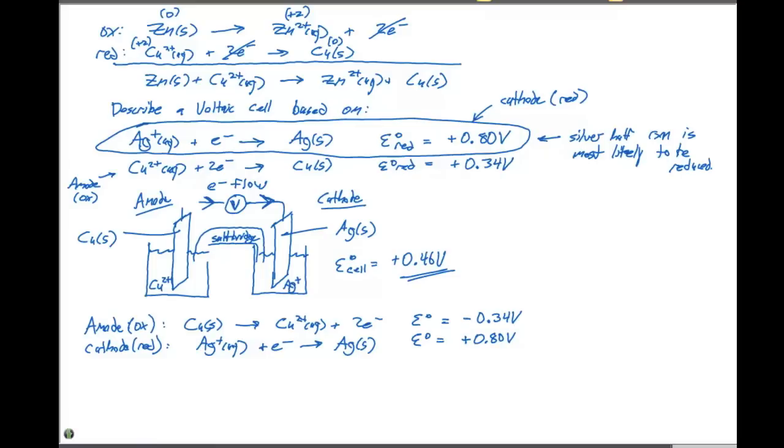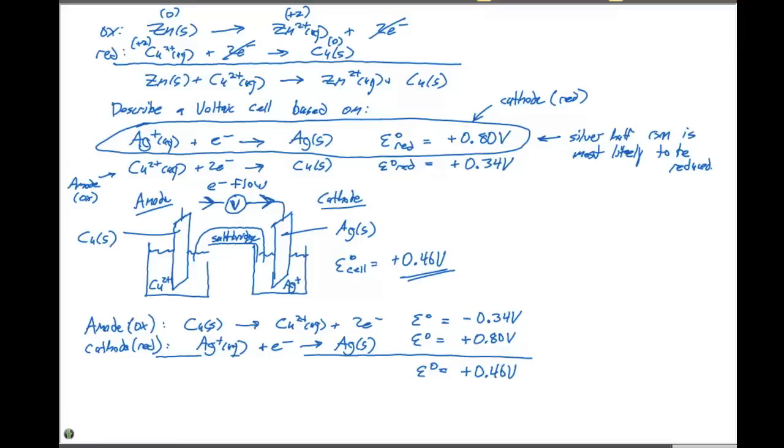One of the things that we observed when we put this stuff together was that our overall cell potential, which was experimentally determined, was positive 0.46 volts, which is going to be the sum of each of these cell potentials.